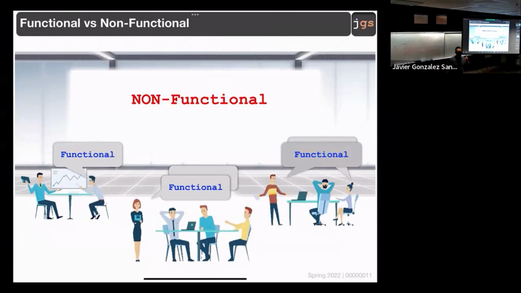It's something that is going to be the responsibility of everyone in the team. That is another way to identify them. If something cannot be achieved with just one subgroup of persons, if something should be known by everyone in the team, that is pointing to the non-functional.